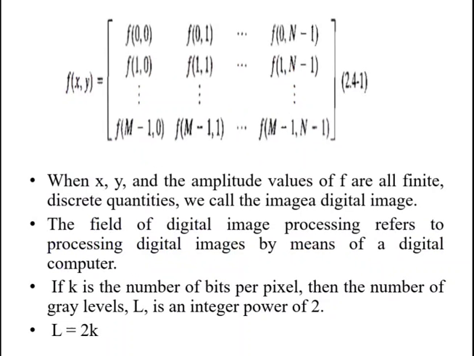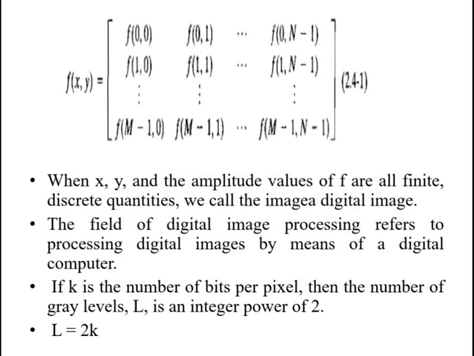The matrix shows the representation of f of x, y in the n by m form, where x, y and the amplitude values of f are all finite discrete quantities. We call the image a digital image. Both sides of these equations are equivalent ways of expressing a digital image quantitatively.